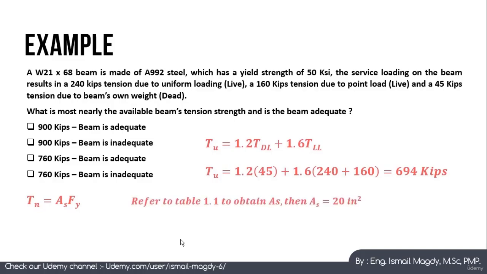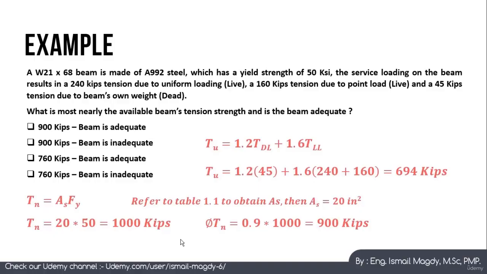Next step, we need to calculate Tn, which equals area steel multiplied by F yield. We can refer to the table 1.1, which has all the steel sections and their properties, and we will get the area, which is going to equal 20 inches squared. So this means that Tn equals 20 multiplied by 50 equals 1000 kips, but we need to calculate the phi Tn. This is very important. Don't ever forget the reduction factor.